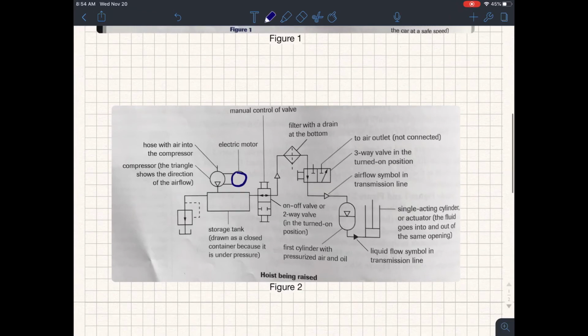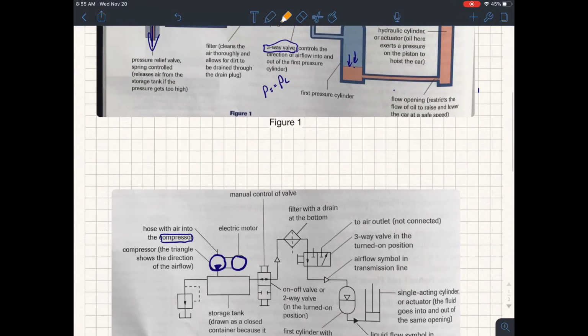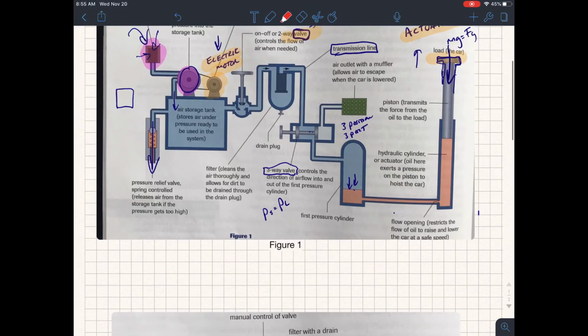So it is connected to another turning device, and this little triangle indicates a compressor. A triangle indicates some kind of compression happening there. And so you can see that the symbol for the electric motor and the compressor is right here. We got this guy right there. No problem.